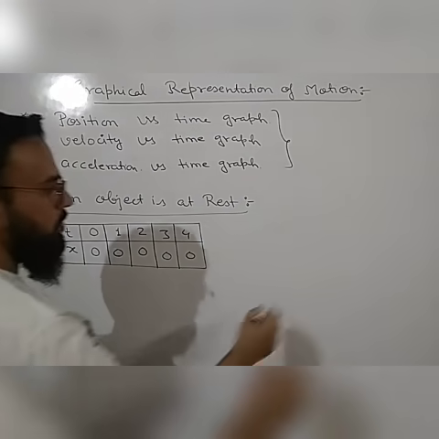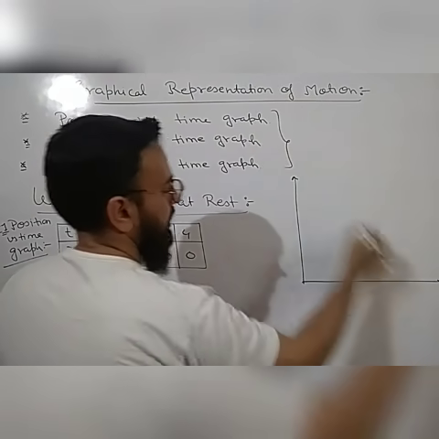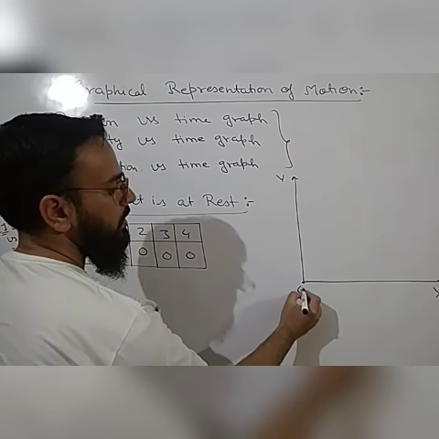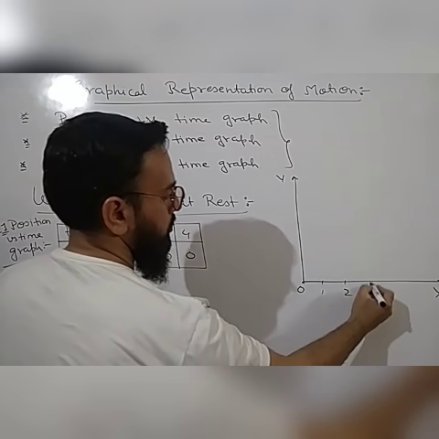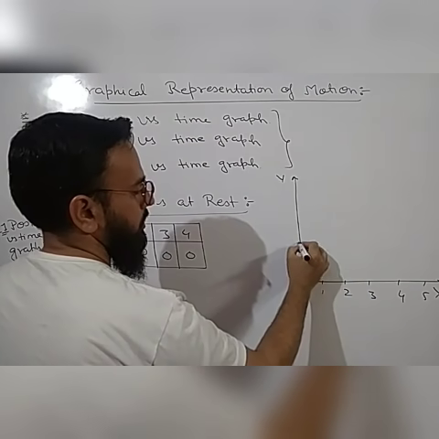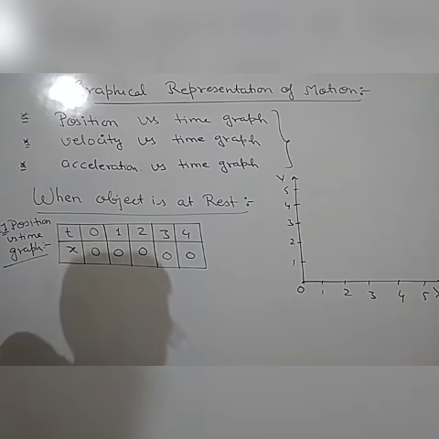So if we want to draw this graph, this is the x-axis, this is our y-axis. 0, 1, 2, 3, 4, 5 on both.